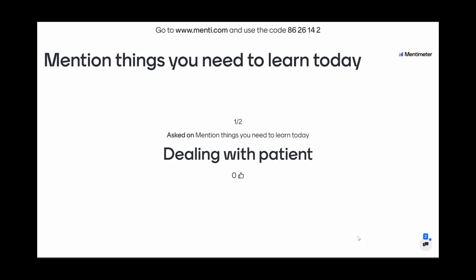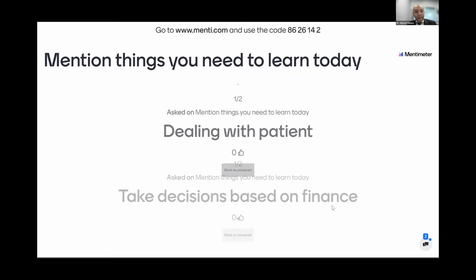Okay. I don't know if Dr. Ahmed can answer your question here today, but I believe he can tell us from the financial point of view, doctor, that dealing with the patient is a source of wealth. Maybe we will learn today how to deal with the patient financially. Anyway, he is also a source of income for us. Not a problem. Thank you.